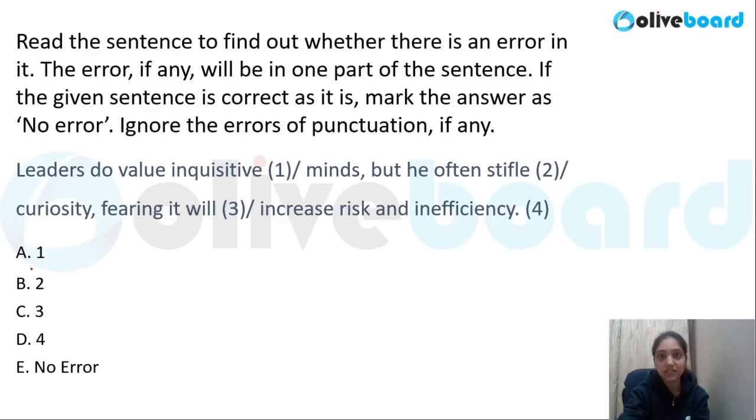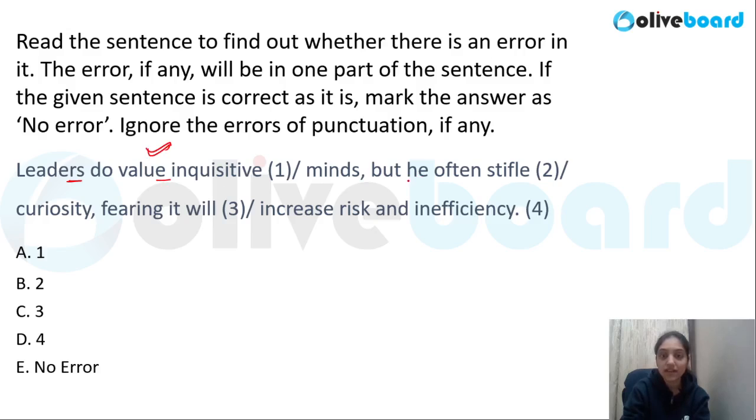Moving further, in this question, you have to spot the error in the sentence. So, the sentence reads, leaders do value inquisitive minds, but he often stifle curiosity, fearing it will increase risk and inefficiency. Here, leaders is a plural subject which is followed by a plural verb. So, this part is correct.